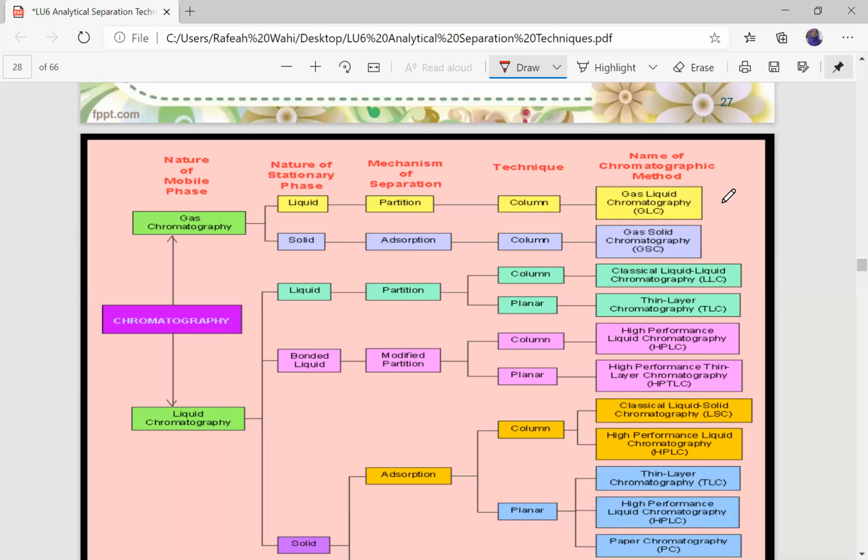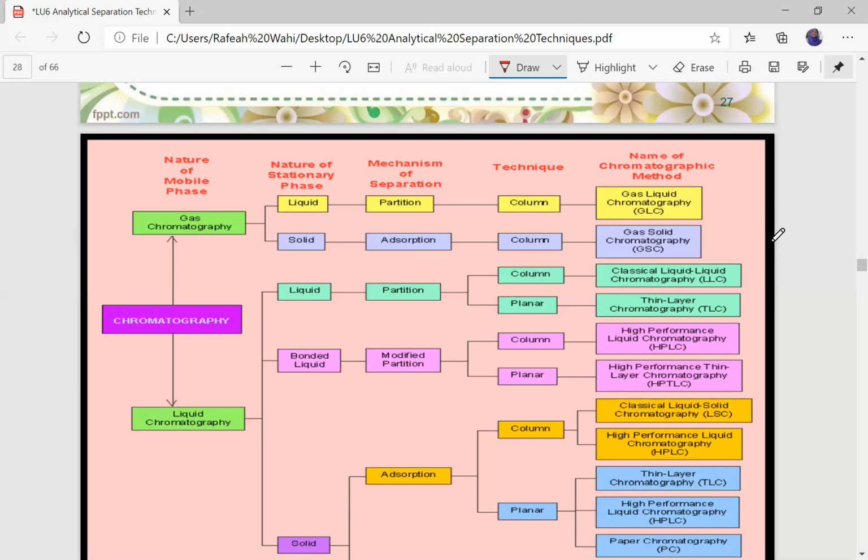Thin layer chromatography we will take a look at after this, and we also have high performance liquid chromatography, high performance thin layer chromatography, classical liquid solid chromatography, paper chromatography, and so on.